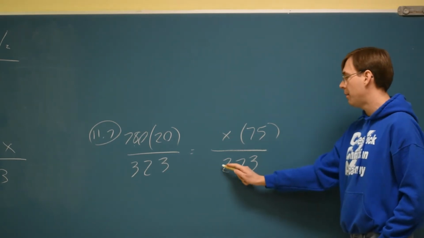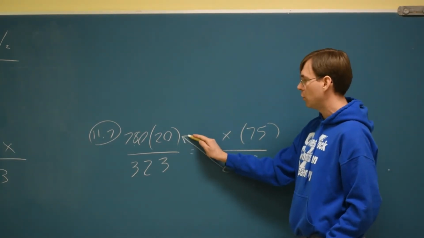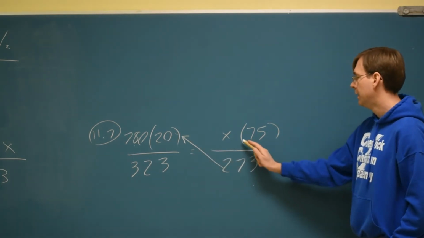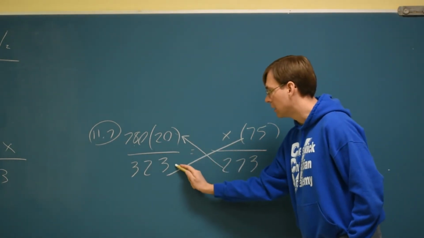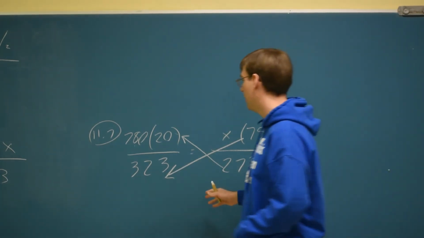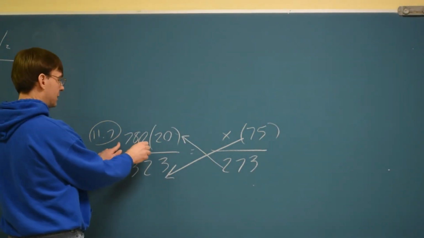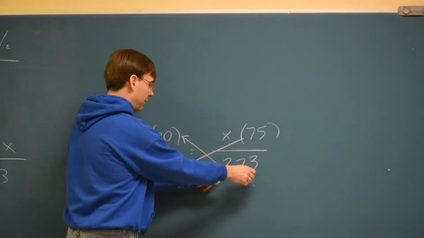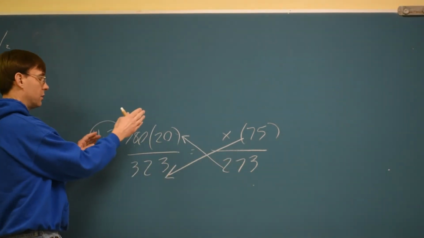Again, any bottom numbers come into the top, and we're going to do multiply buttons for all of those numbers that are on the top together. Then any top number can go to the bottom, and we can hit the divide button for anything that's on the bottom. So this is going to punch 780 times 20 times 273, all for the top.